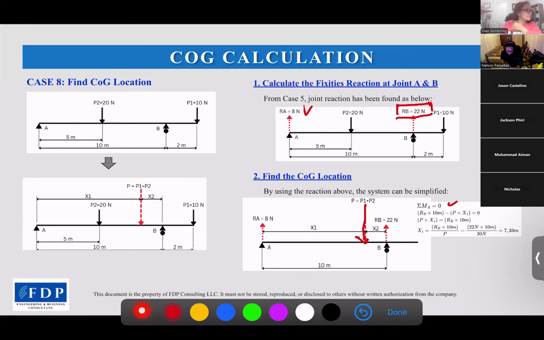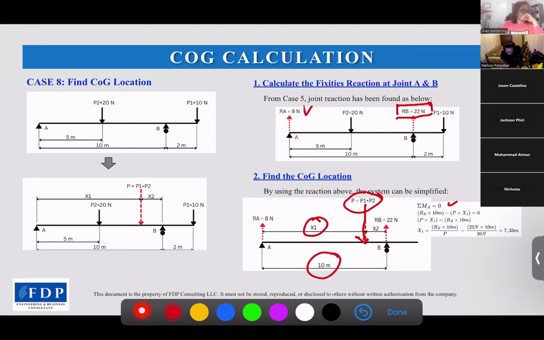Then what is the moment acting at A? There will be P itself times x1, and we get RB times 10 meters, right?